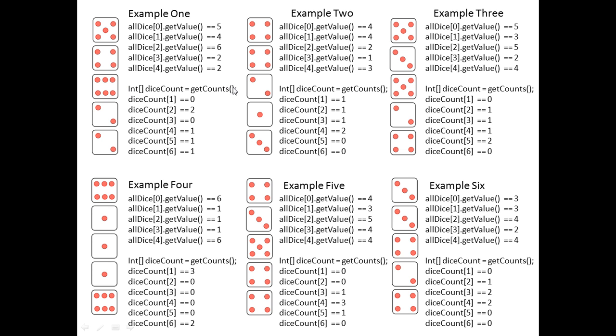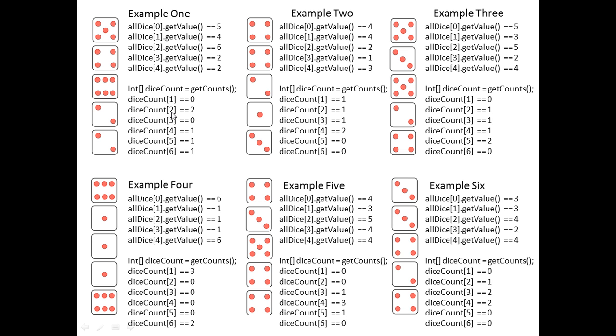So that's this line of code being executed. After that line of code is executed, if you access the element at index 1 of this array, its value will be 0, because we do not have any dice with the value of 1.